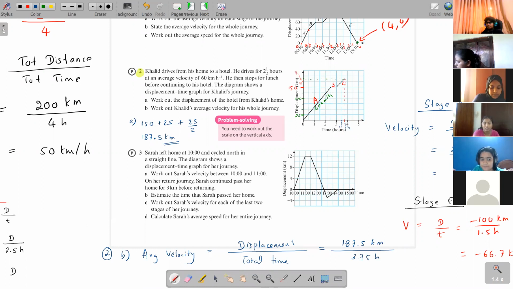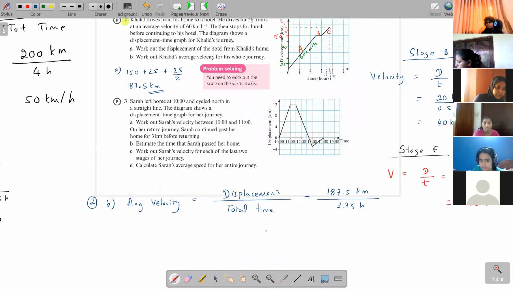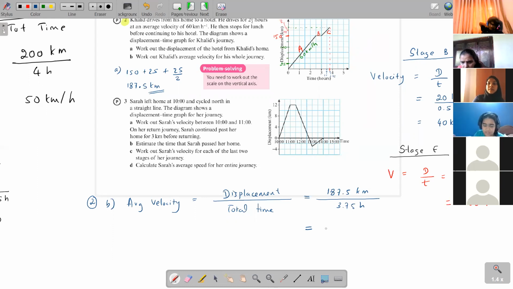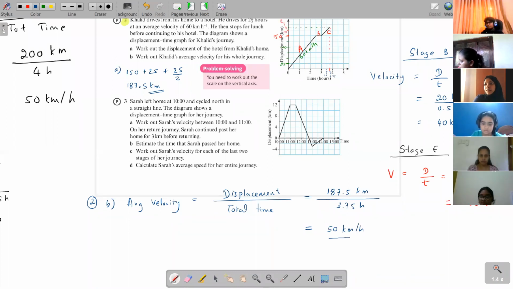So divide and tell me the answer. What's the answer? 50, exactly. 187.5 divided by 3.75 is 50. 50 kilometers per hour is the average speed.